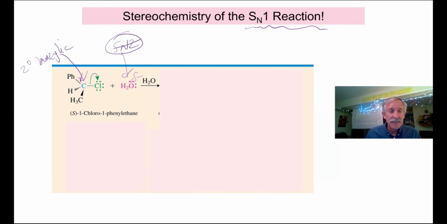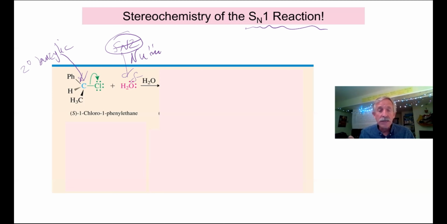So that's what has to happen in this first step: Cl just has to fall off. And then water can't push it off from the backside, even though it's a secondary benzylic, which would love to do SN2, because it's such a lousy nucleophile. No SN2. For SN2, I need both a strong nucleophile and an unhindered electrophilic carbon.